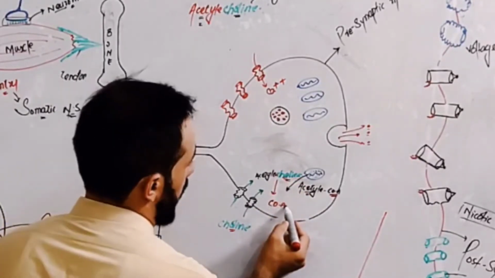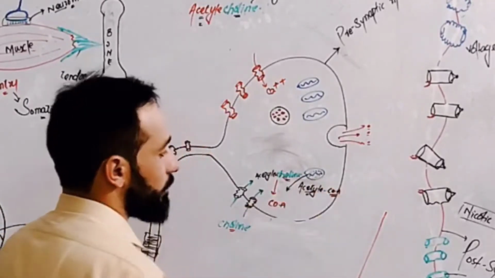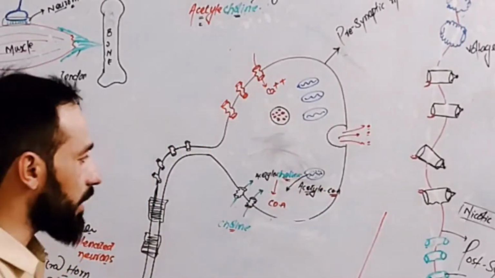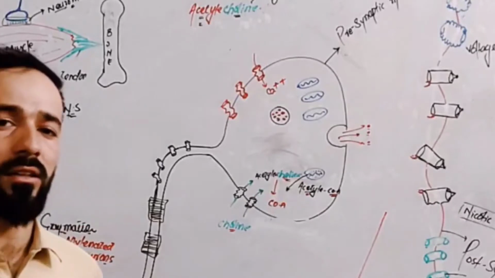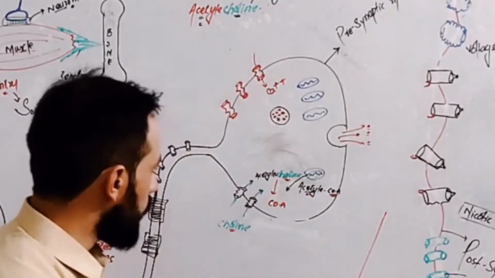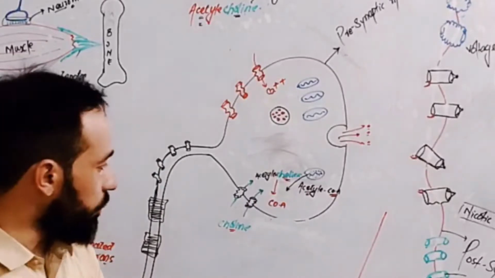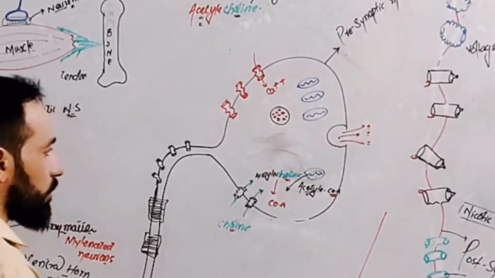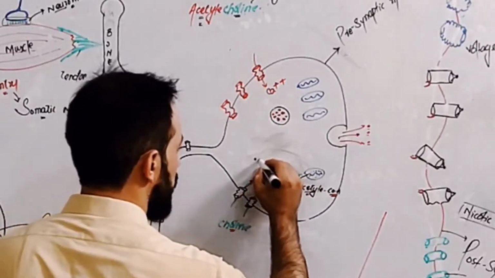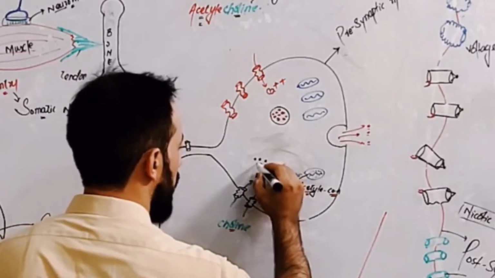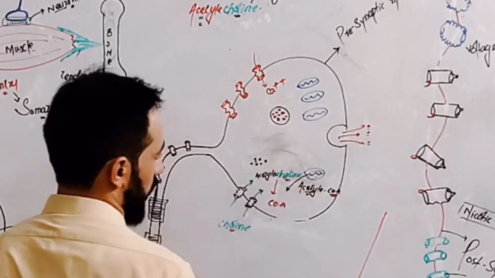And this CoA will again go towards mitochondria and will help in bringing another girl to his another friend. Right? So now what is formed? Acetyl-CoA is formed. So you consider that these are the acetyl-CoA that we have made right now.